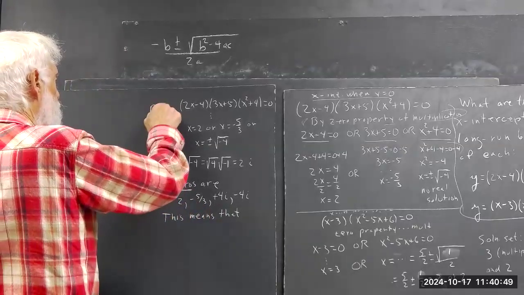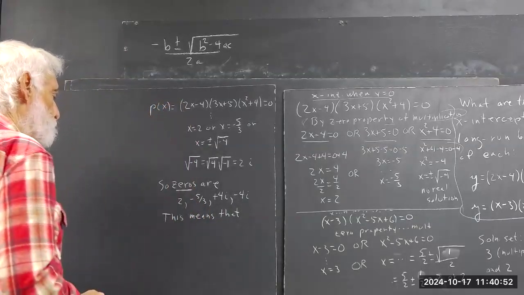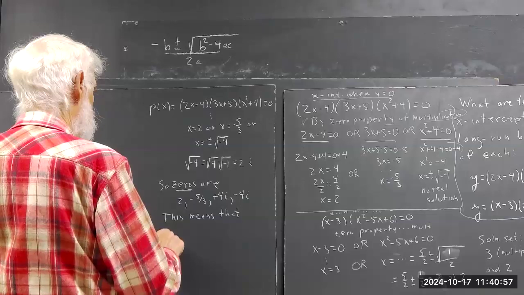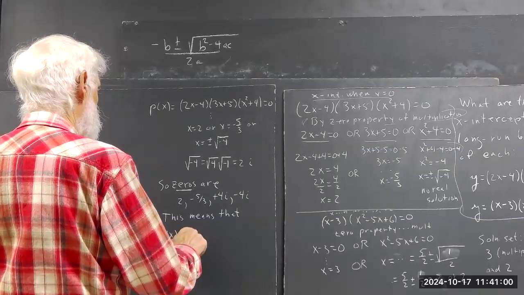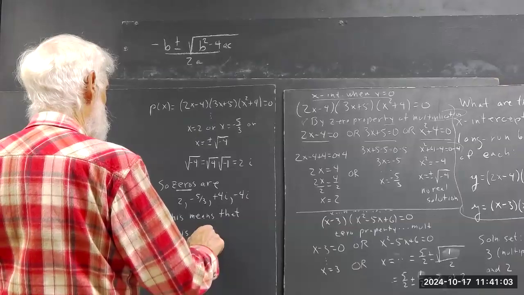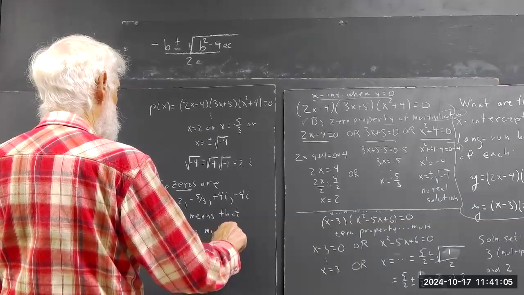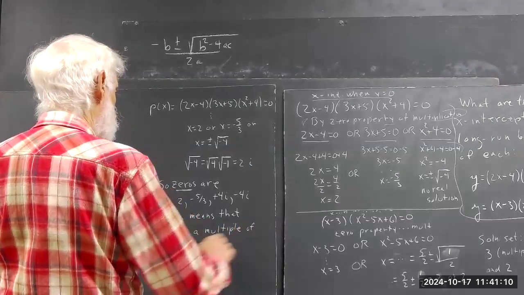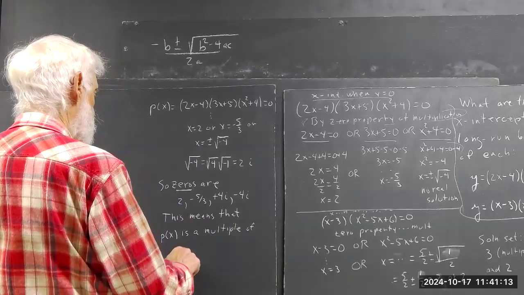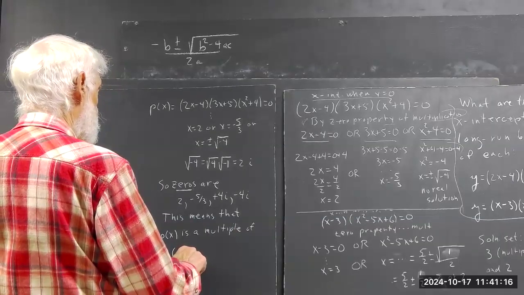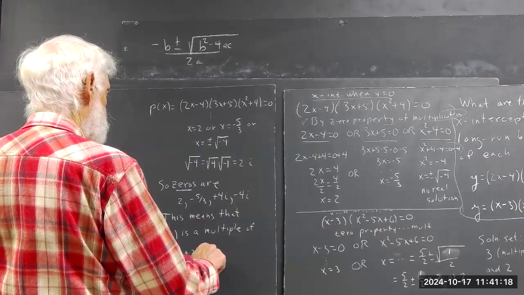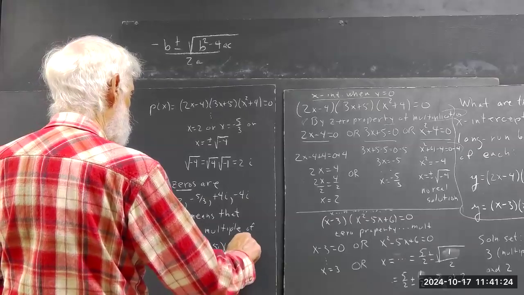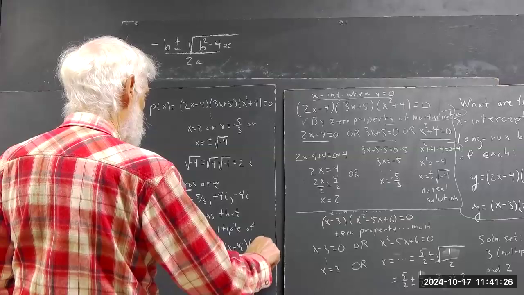Let's go ahead and call this P of x. This means that P of x is a multiple of (x + 2)(x - 5/3)(x + 4i)(x - 4i).